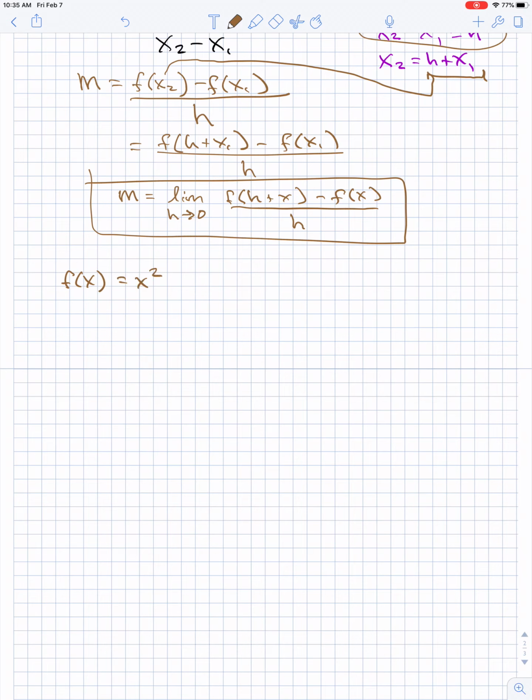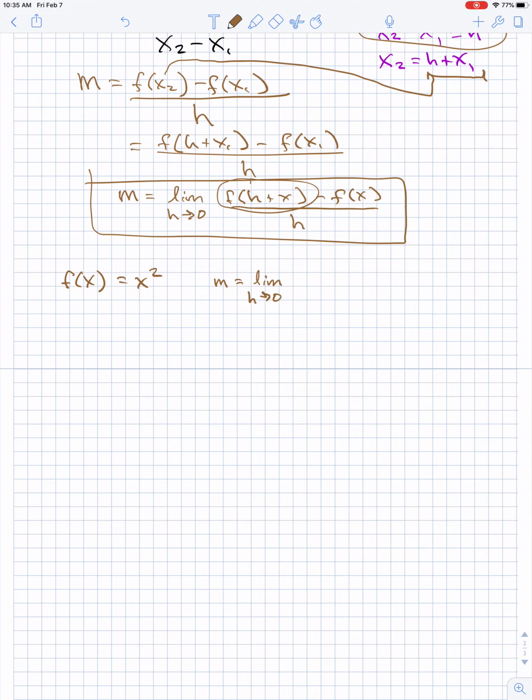Okay. So now we're going to run x squared through our new slope formula in the box here, and let's see what happens. So we say the slope of the tangent line is equal to the limit as h goes to 0 of f of x plus h. Okay, so what does this say? This says plug h plus x into the function, right? So now our function is x squared.